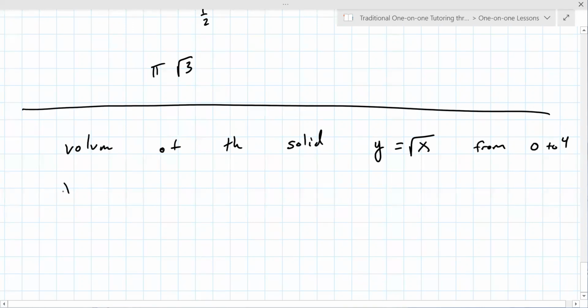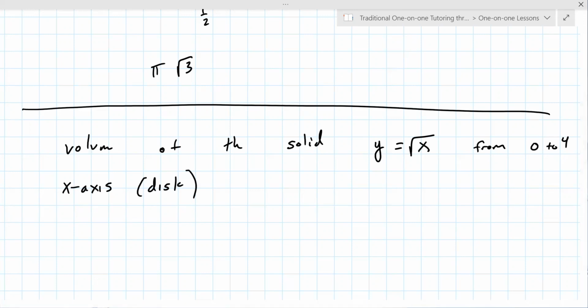Okay, and you're going around the x-axis, and this is a disk problem. And then we'll do some washer problems after this, but probably good to have you try one of these before moving on to something new.